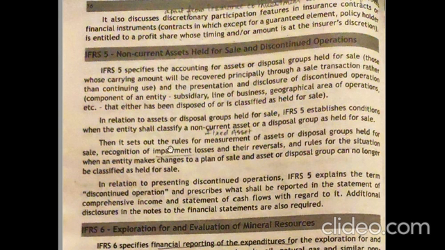Next, recognition. How are you going to measure it, what is the worth of it? Recognition of impairment losses. Here impairment loss means the loss where you don't get profit out of such assets.